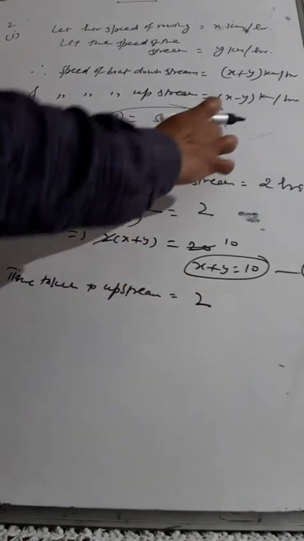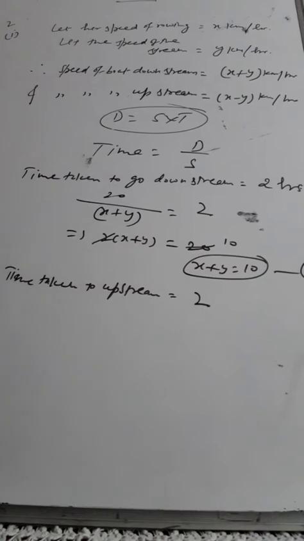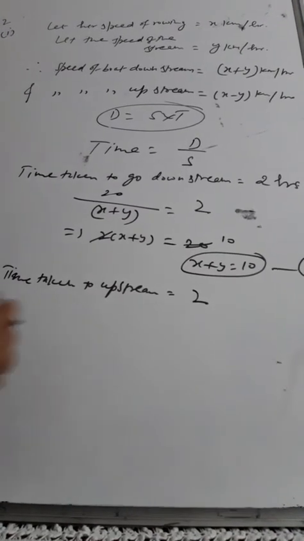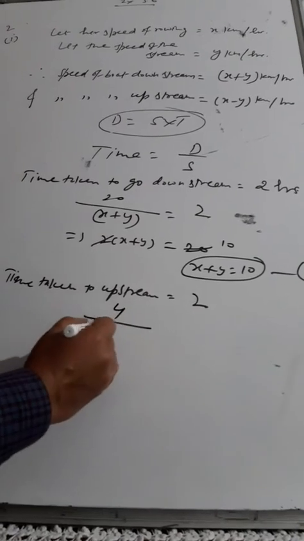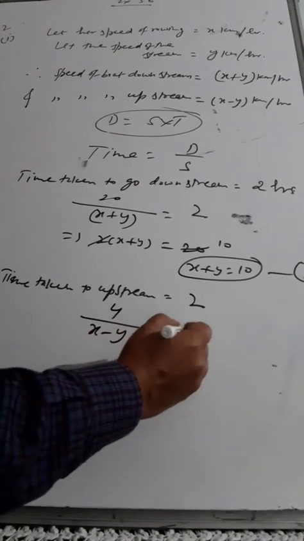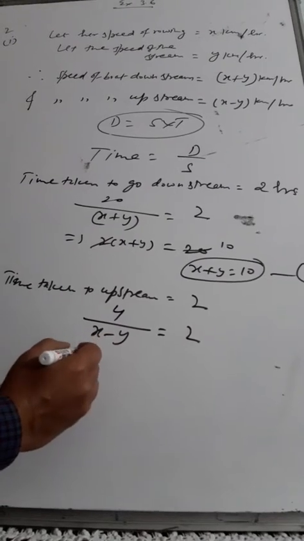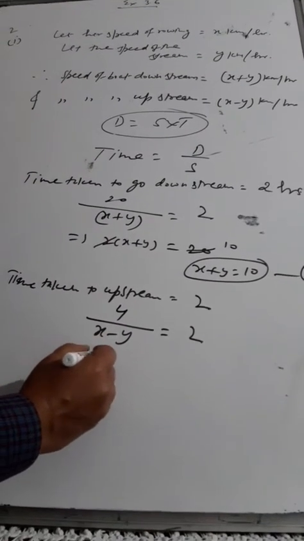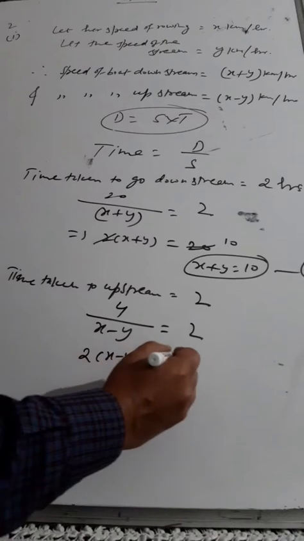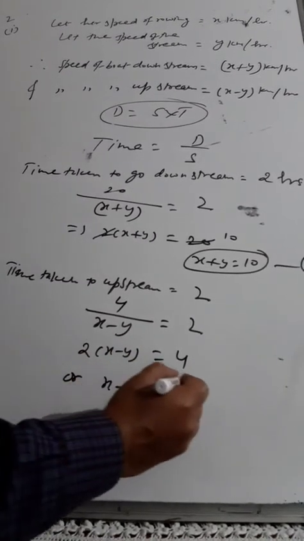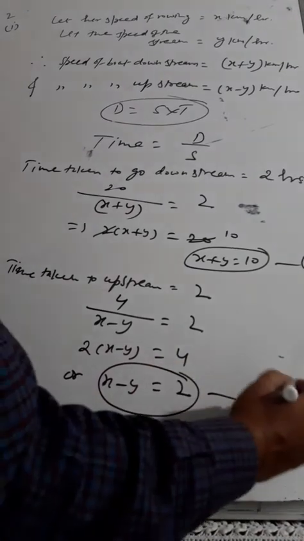And what I said, time is equal to distance upon speed. So distance upstream is given as 4 kilometers. So 4 upon x minus y again is equal to 2. So again you get 2 into x minus y is equal to 4, or x minus y is equal to 2. That is your equation number 2.